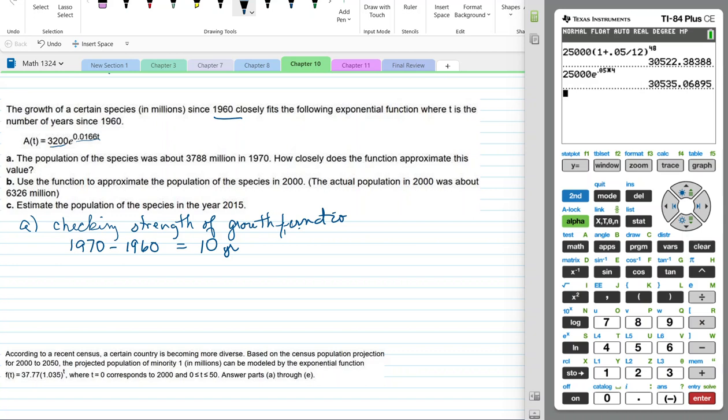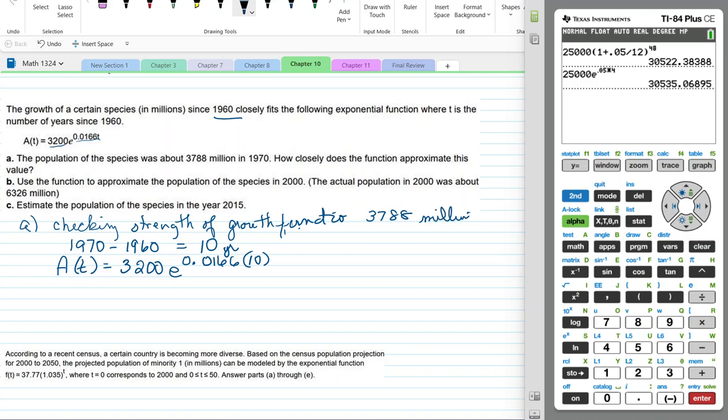And our function is A of T, the time, years, of the 3,200 initial population in 1960, E to the 0.0166 times the 10. All right, and we're going to match it to the actual 3,788 million, because this is in millions. All right, so let's do it.